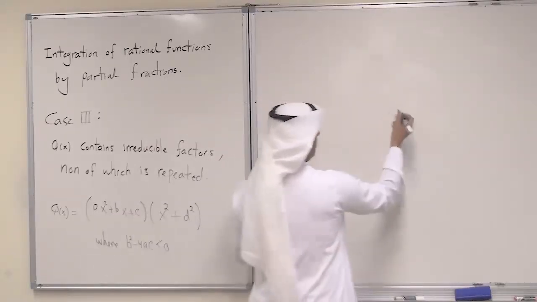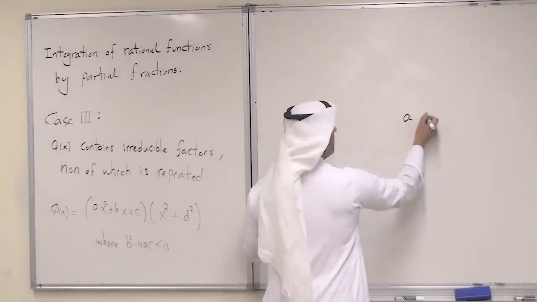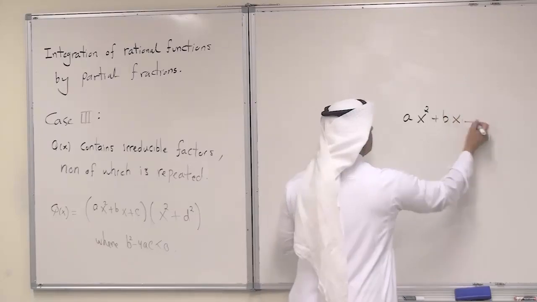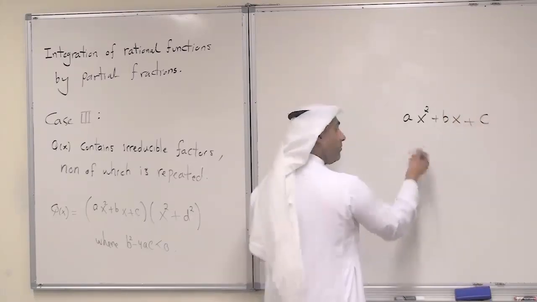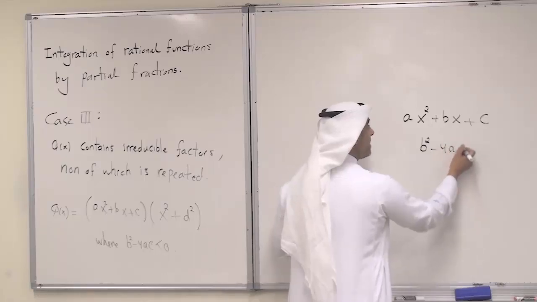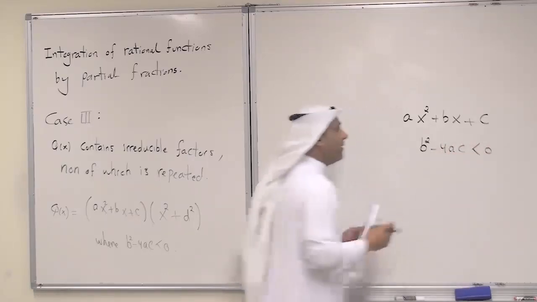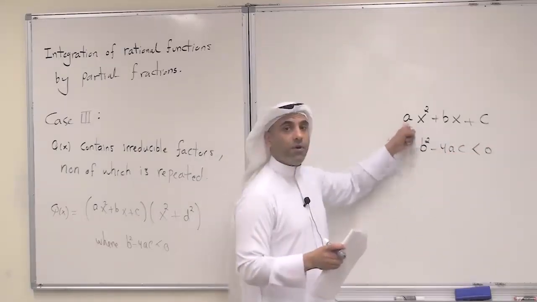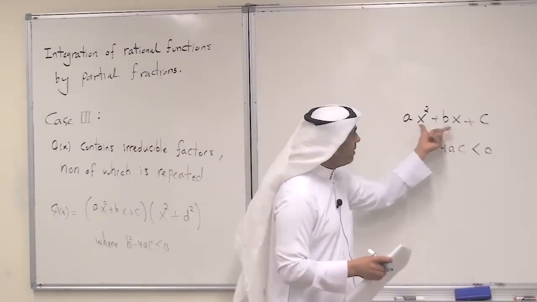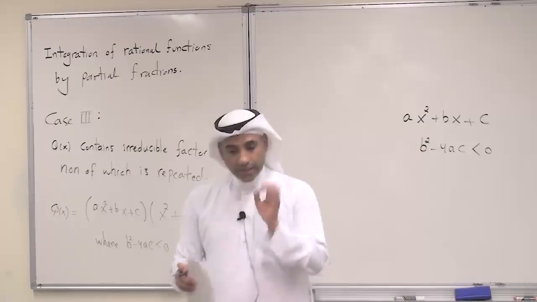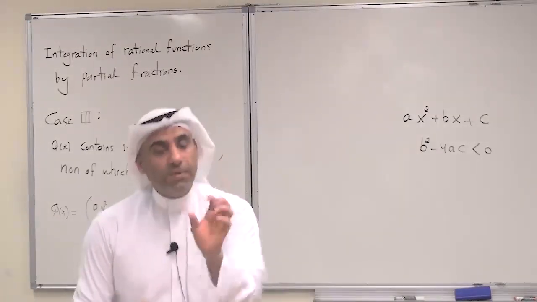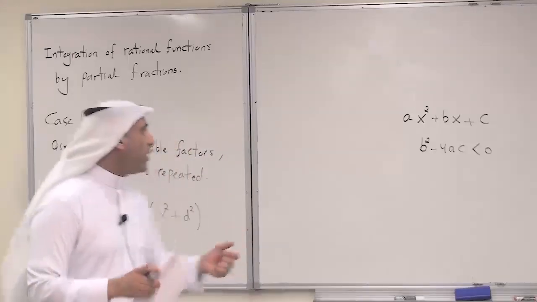If we have a quadratic expression like ax squared plus bx plus c, and we find that the discriminant b squared minus 4ac is negative, then this polynomial is not factorable over the reals. If this is negative, it means the roots of this expression are non-real. So in this case, we call it a prime factor. It cannot be factored.